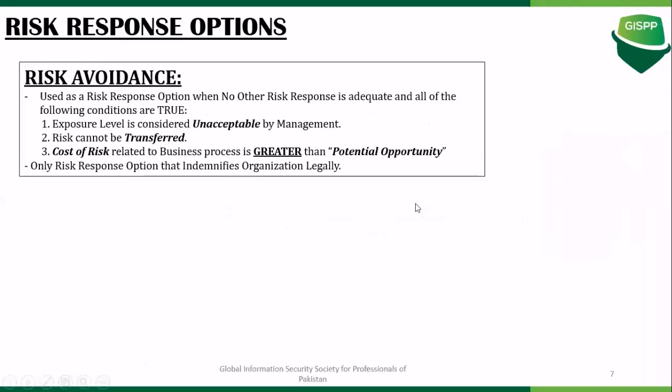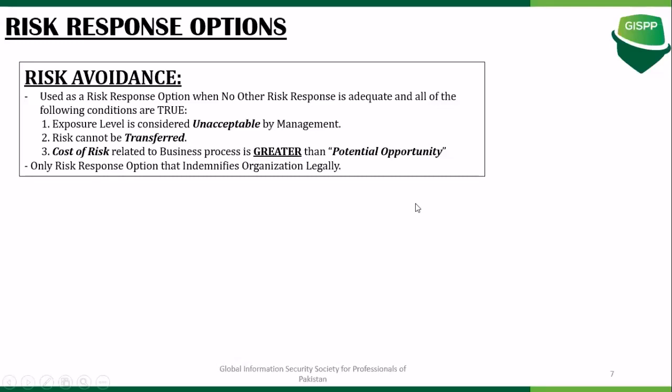Okay, what is the last option that we have over here? It's risk avoidance. It is a choice that is usually adopted when no other response is adequate, or when the following conditions are true: the exposure level is considered unacceptable by the management.